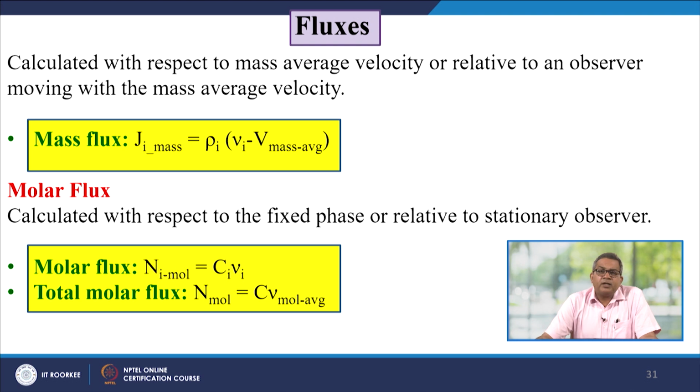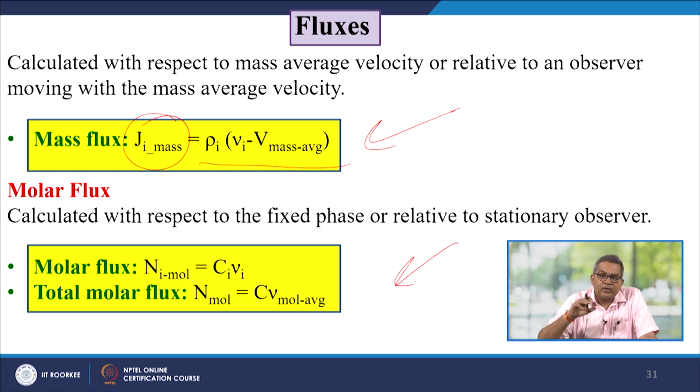Now, the flux calculated with respect to the mass average velocity, or relative to an observer moving with the mass average velocity, is the mass flux Ji mass, equal to rho i into Vi minus V mass average. The molar flux is calculated with respect to the fixed phase, or relative to a stationary observer.